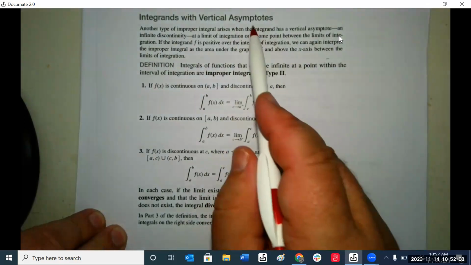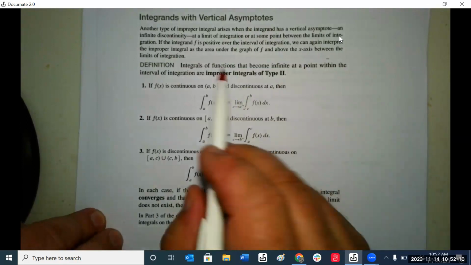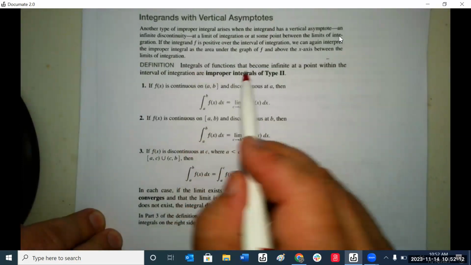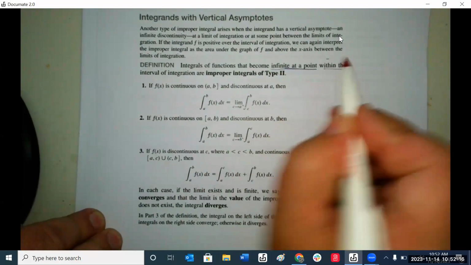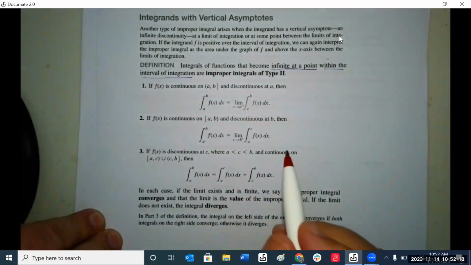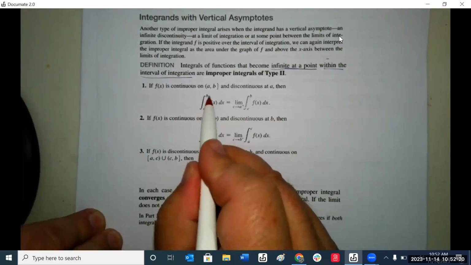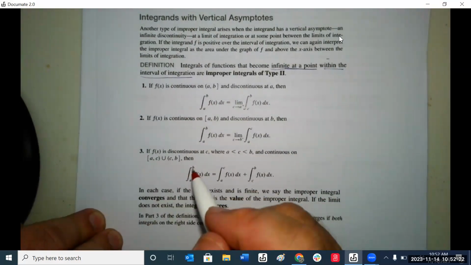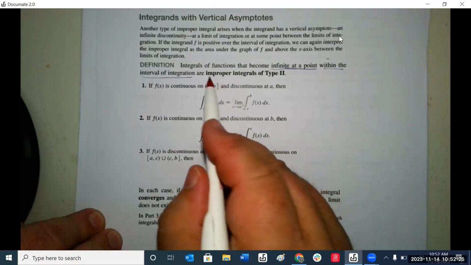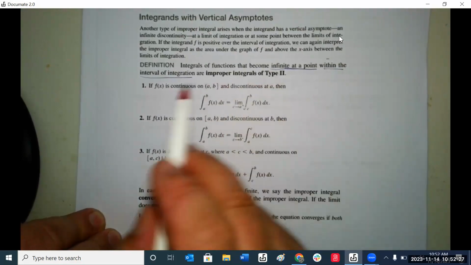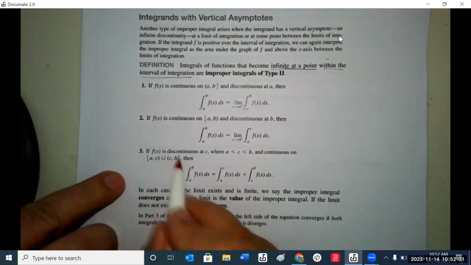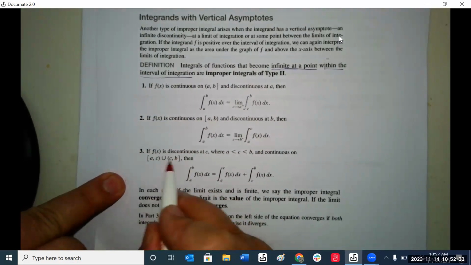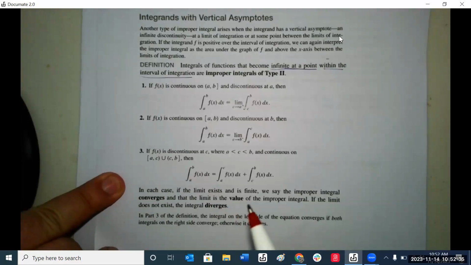This is where you have a vertical asymptote. So somewhere between A and B, there's a point C where it goes to infinity. These are improper integrals of type 2.